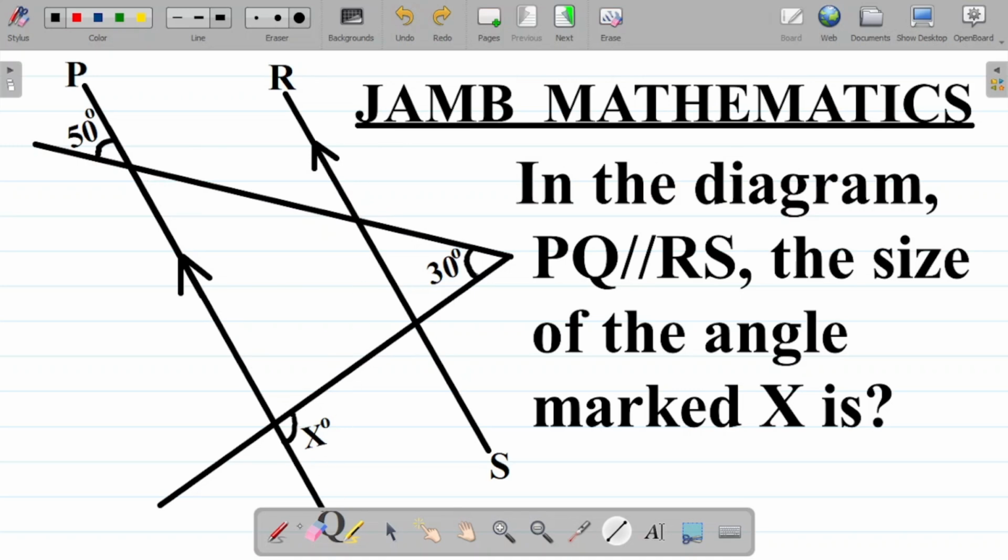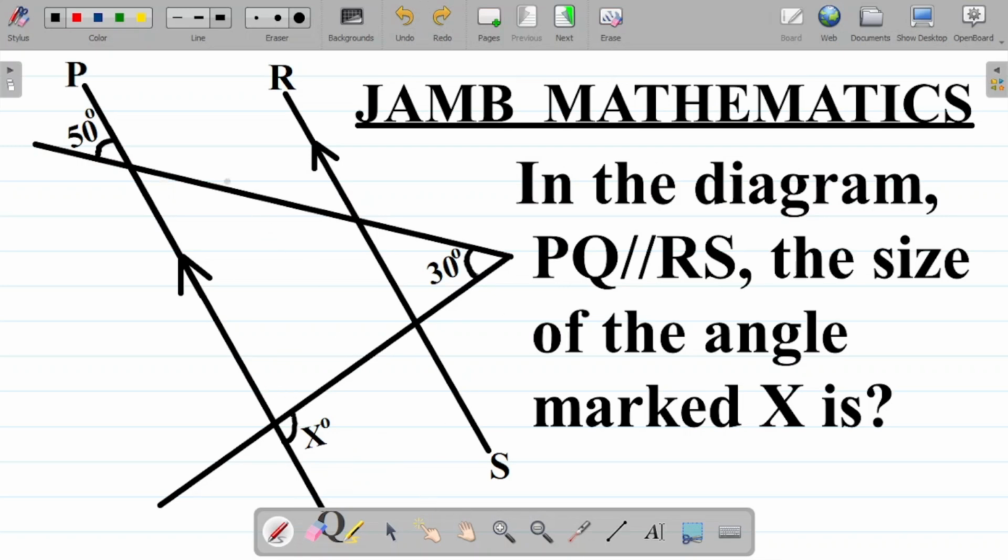My task would be to find the angles here, here, and here, knowing fully well that angle 1 plus angle 2 plus angle 3 should give us 180 degrees, which is the sum of the angles of a triangle. After then, I can get this other angle x by taking 180 minus this angle here. All right, so let's get into this.